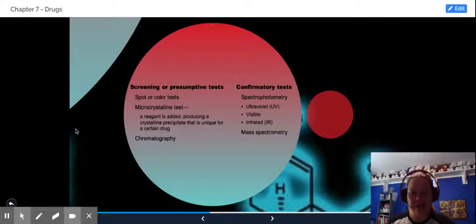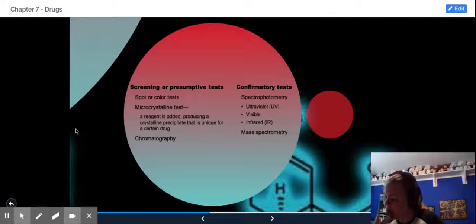In chromatography, it's thin paper chromatography, and that can be found on pages 187 and 188 in your textbook. A screening or presumptive test essentially says that a particular drug might be present, or a general group of drugs is present.